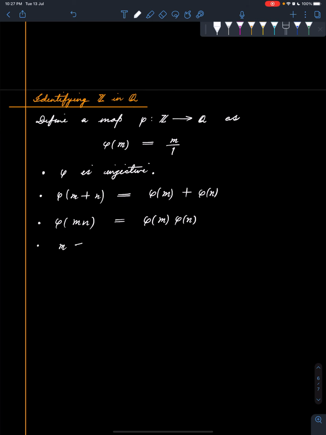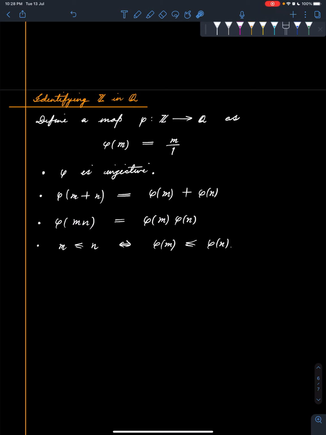So m is less than or equal to n if and only if phi m is less than or equal to phi n. Again, this is something that was there for integers, while this is for rational numbers. So under this map, now one can think of integers as rational numbers. So now when we write m, we can think of it either as m over 1 and think of it as a rational number, or we just can think of it as an integer.